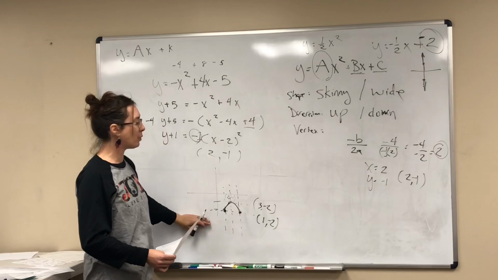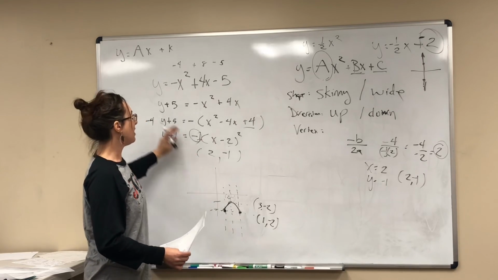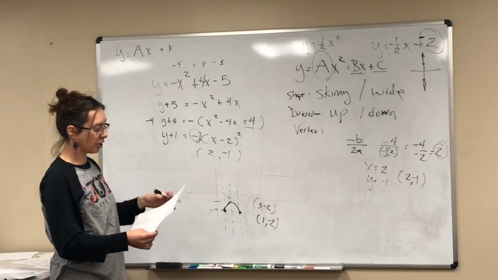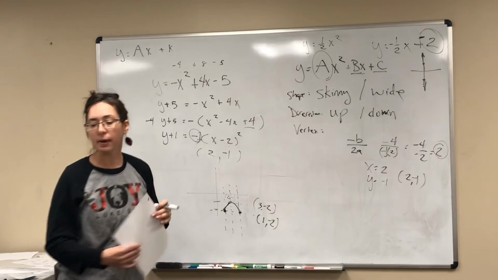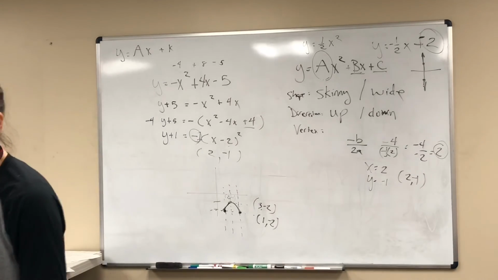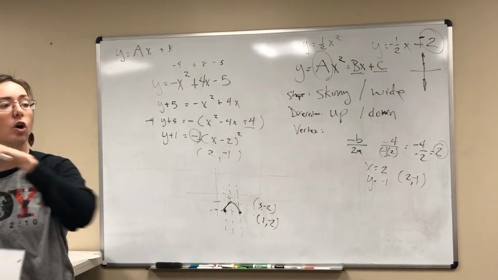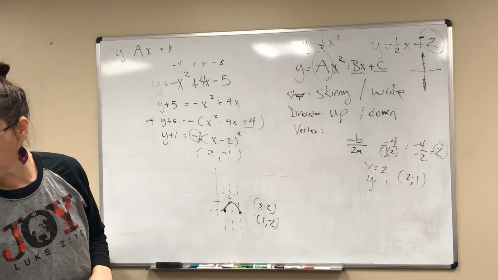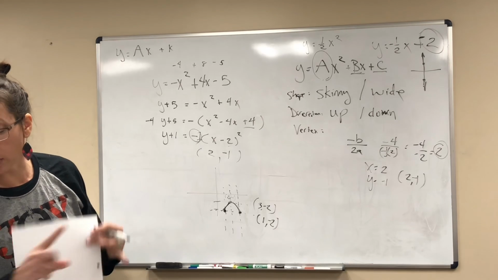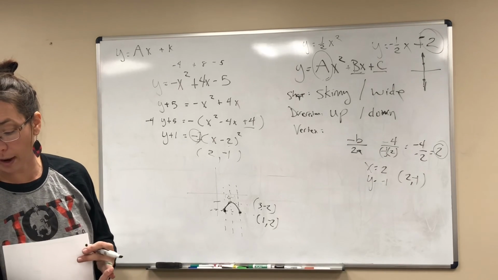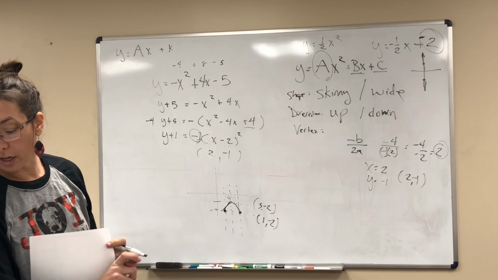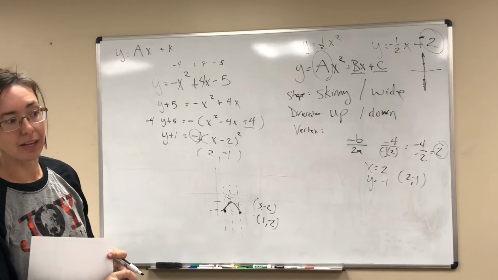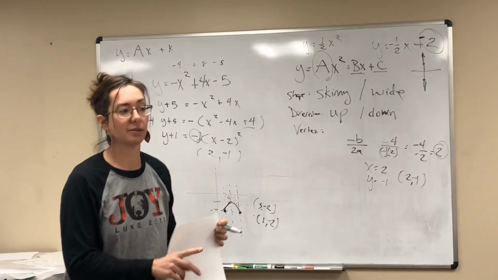So you're finding your points from your graph and then checking that they are accurate within this equation. But what I really want you to do, because this is just a big overall picture of what's going on, is rewrite the equation and tell me what direction it faces. Is it skinnier or wider? Or is it at the origin? That would be a yes or no. And what is the vertex?